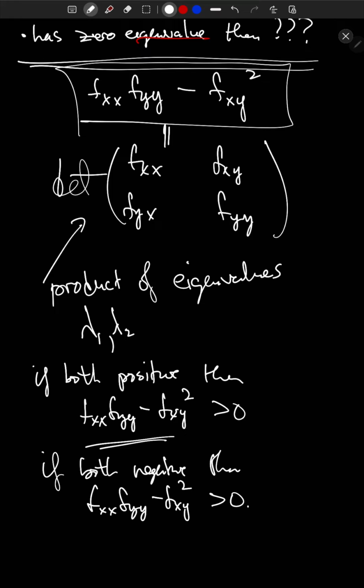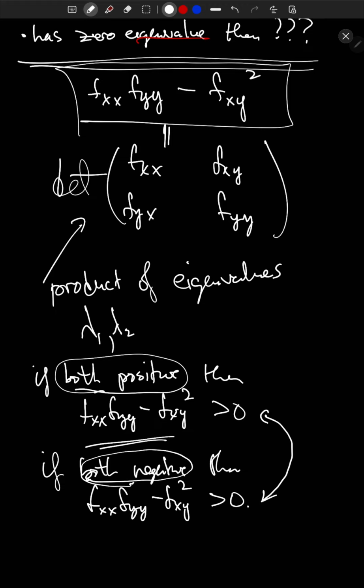So this is why you actually have to have this extra condition. If both are positive, we have a minimum. If both are negative, we have a maximum. But for both situations the determinant is positive, because in one case you're multiplying two positive things, and in the other case you're multiplying two negative things. So how do we differentiate between the two situations?